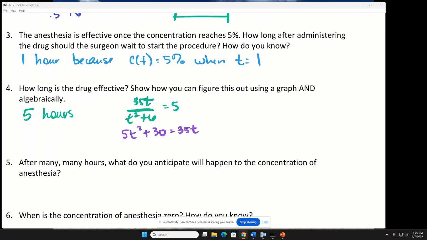And that's a quadratic equation that we can get everything on one side and factor. Do you guys notice the common factor on these 5, 35, 30? What divides evenly into all those numbers? Yeah, so we can divide through by 5.